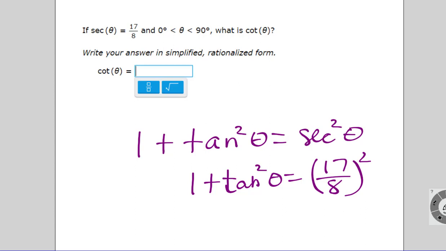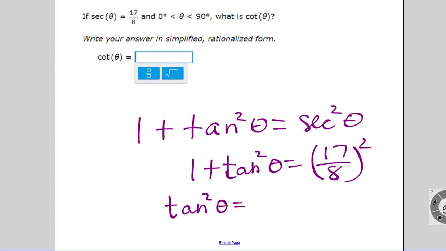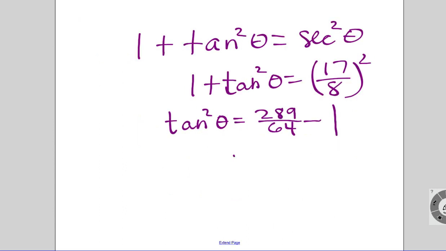So I'm going to plug in for secant 17 over 8. Okay, and so we get tangent squared theta equals 17 squared, I believe, is 289. Somebody check that for me. Yeah. Okay, and so I'm going to subtract from that 1, or 64 over 64.